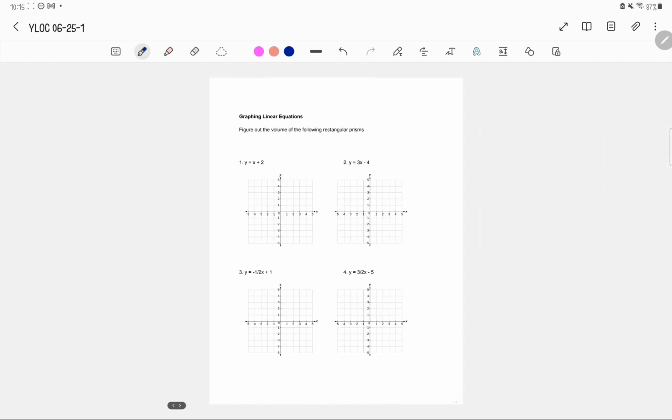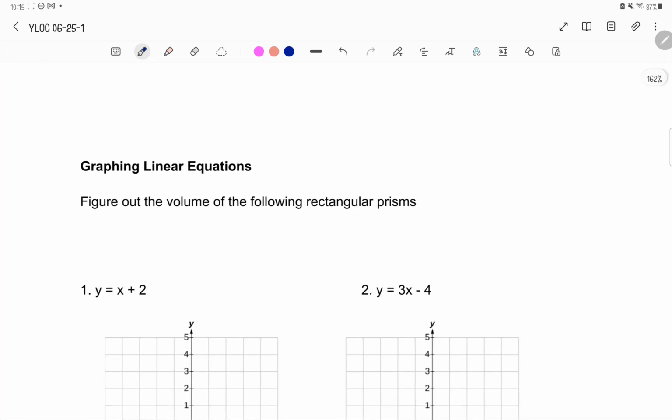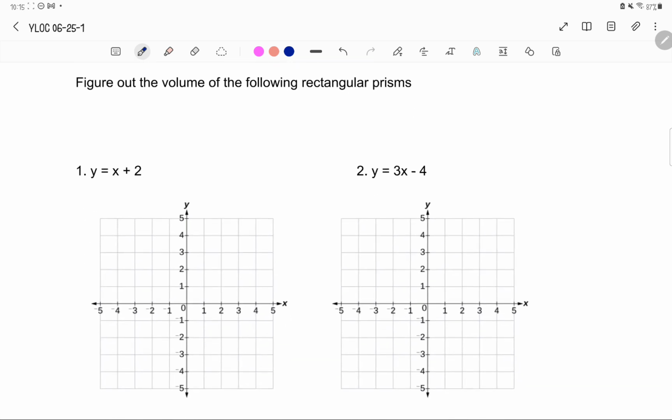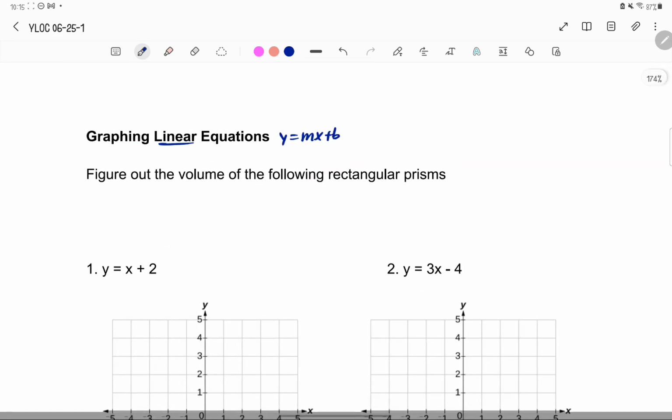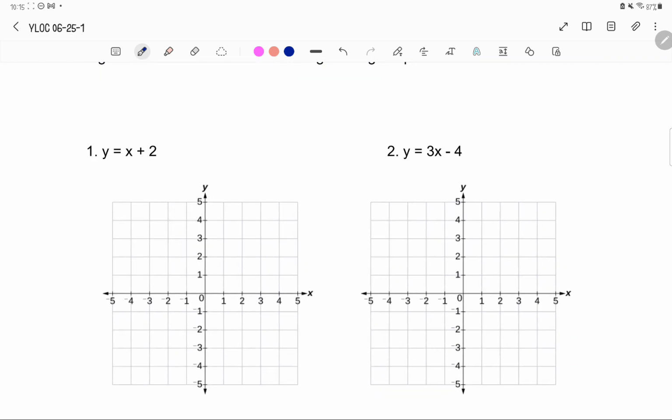Okay. Next one is graphing linear equations, and this linear equation is based on y equals mx plus b, the slope-intercept form equation. The question about the volume of rectangular prisms is from a very past lesson, so we're just going to ignore this, and we're going to graph the linear equation.